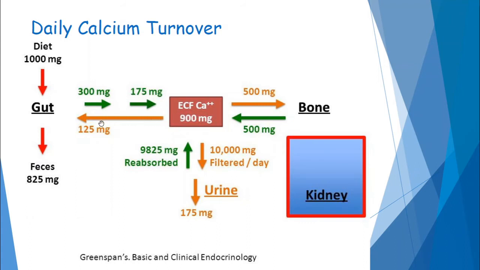Of this, about 125 milligram may be released back into the gut, whereas about 500 milligram goes to the bone, and the same amount is taken up from the bone back again.